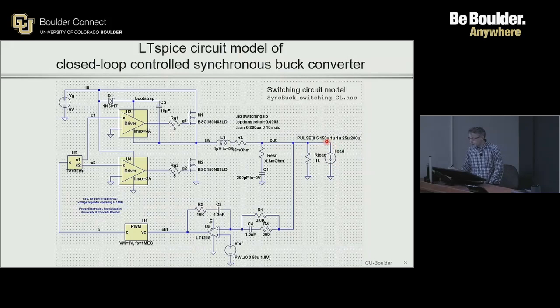Here you see that the load is modeled as a pulsating current source that goes from 0 amps at the beginning to 5 amps at 150 microseconds. So we're going to be able to examine a step load transient response in the circuit.